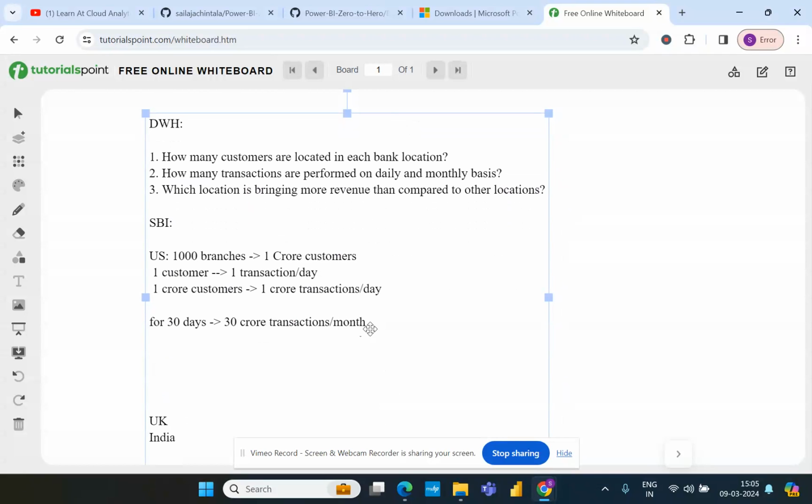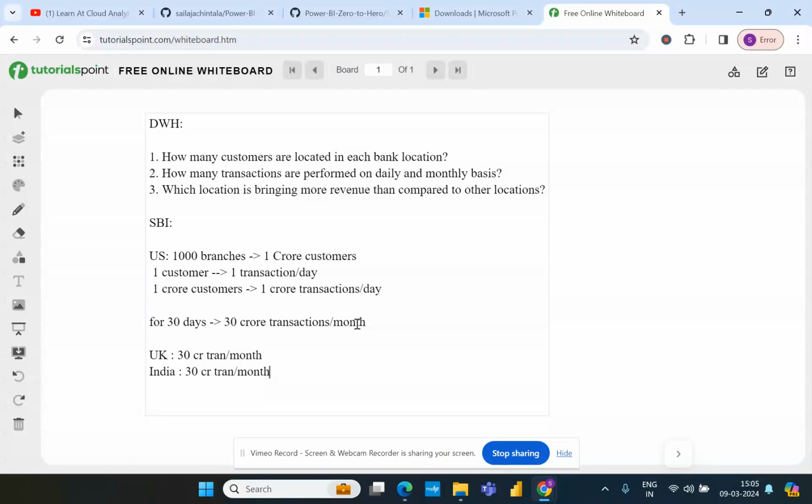Now, in a similar fashion, for the rest of the locations also, assuming the total count of branches and customers are the same, we would again have 30 crore transactions per month in UK, and similarly in India we would again have 30 crore transactions per month.